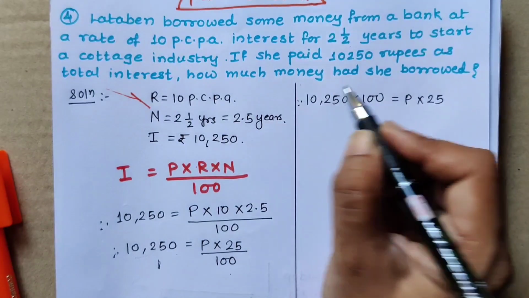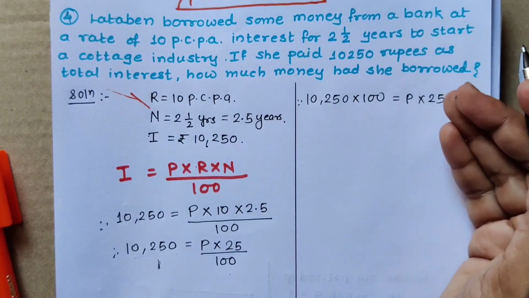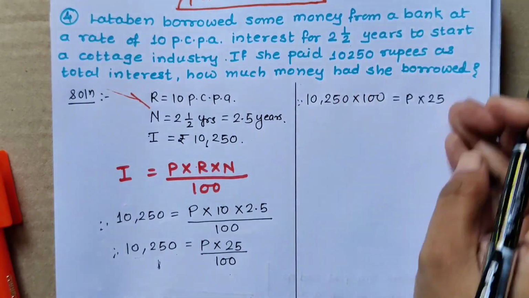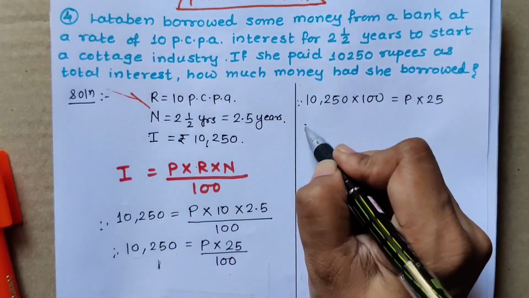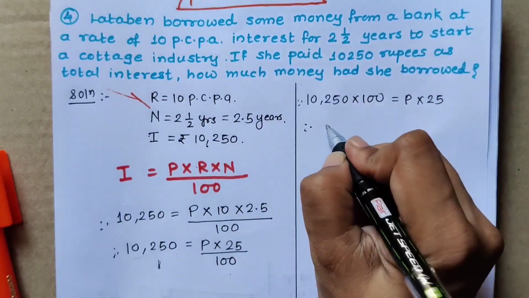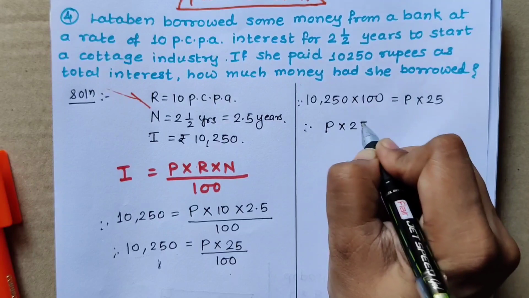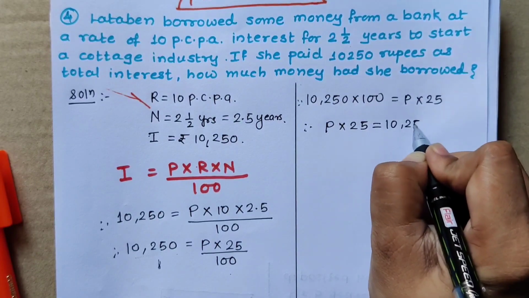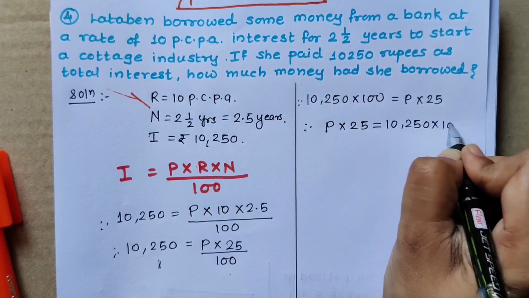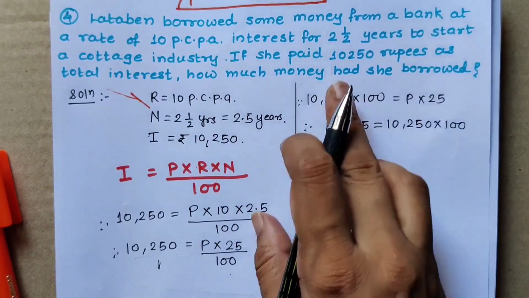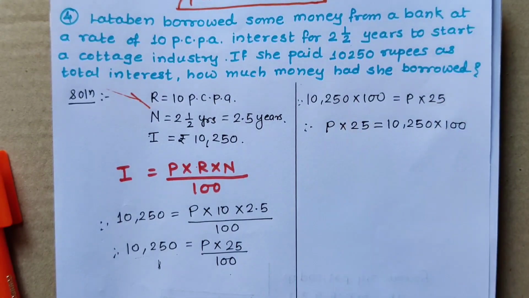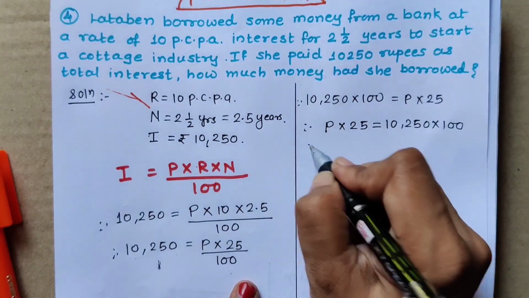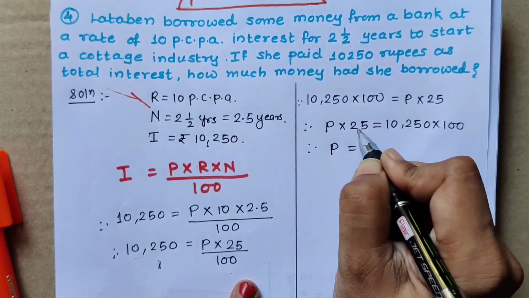Now see children, what I am going to do, I write this right hand side on left and left hand side on right. I am going to exchange just the sides. Okay, so exchanging full side, we don't require to change the sign, we don't require to change the operations between them. We are exchanging full side from right to left and left to right. Now what I am going to do, I will transfer this 25.